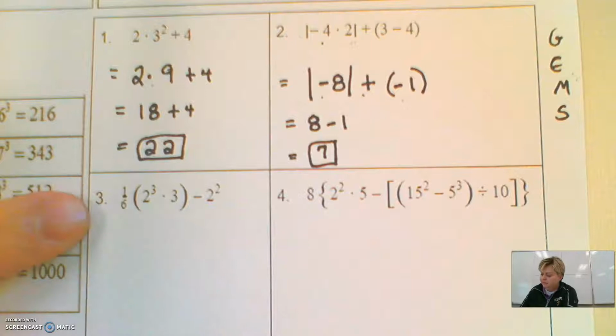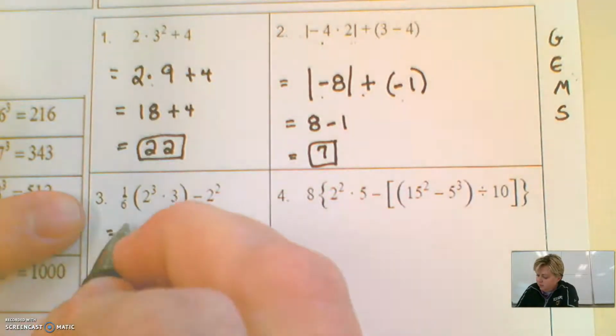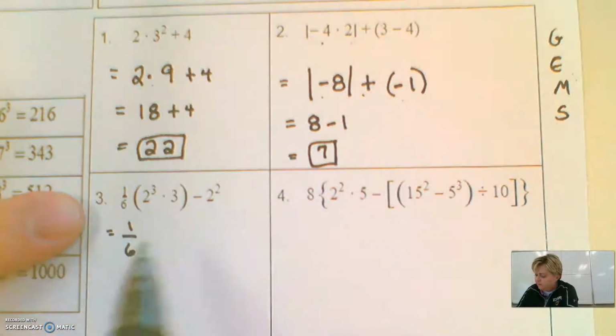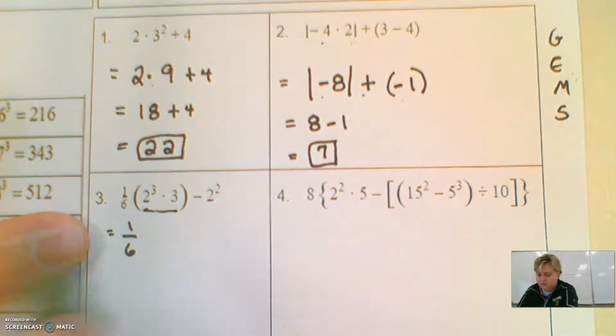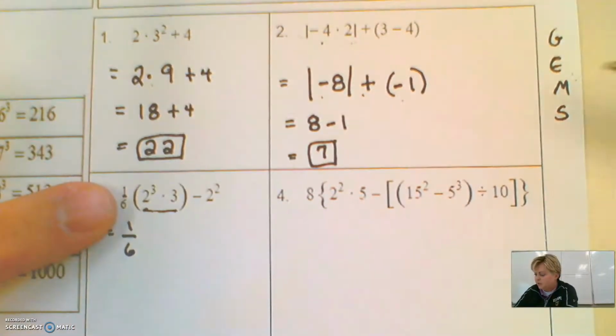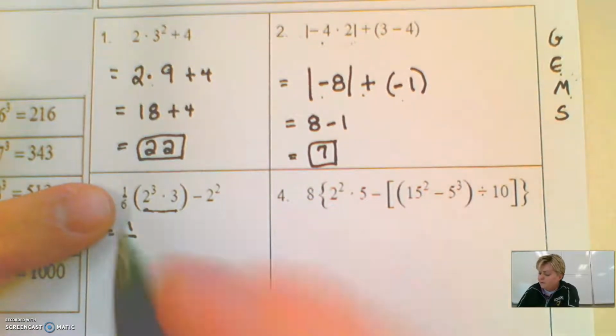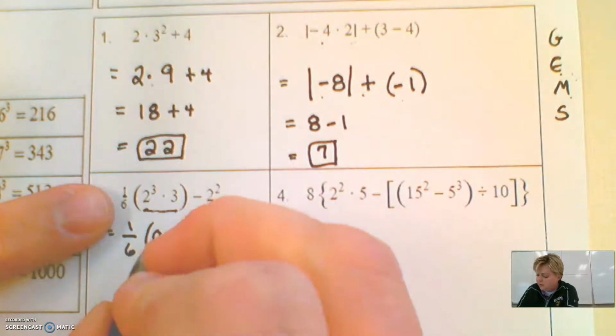Number 3, G, grouping, GEMS. 1/6, parentheses. Inside of this group, exponents or multiplication first. Exponents would come before multiplication. So 2 cubed, 2 times 2 times 2 is 8.